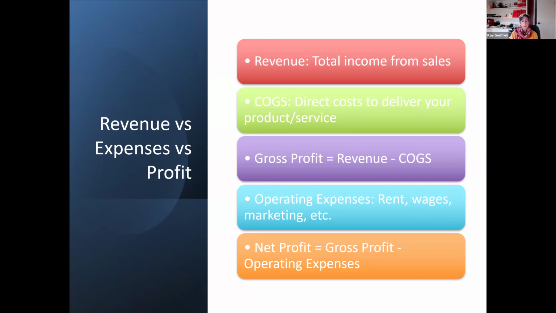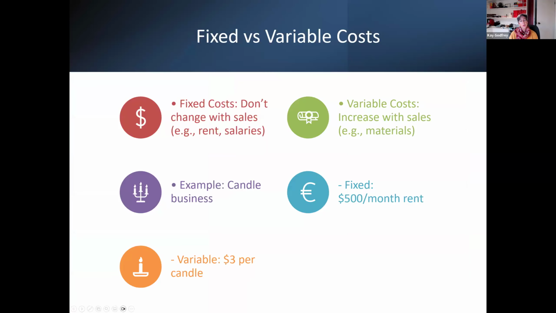And then net profit. Net profit is the difference that comes out at the bottom of all that. It's your gross profit minus your operating expenses. Or you can say it's your revenue minus your cost of goods sold minus your operating expenses. So I hope that's fairly clear. And let's move on. So fixed versus variable costs.